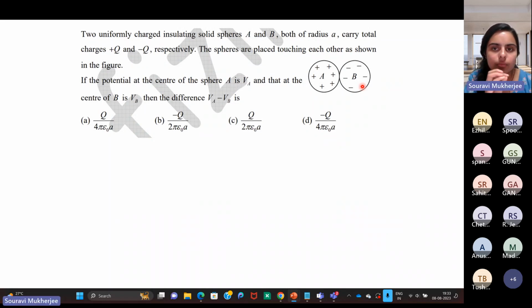First, tell me, qualitatively, what would be VA? And then we can try to derive the expression for VA.